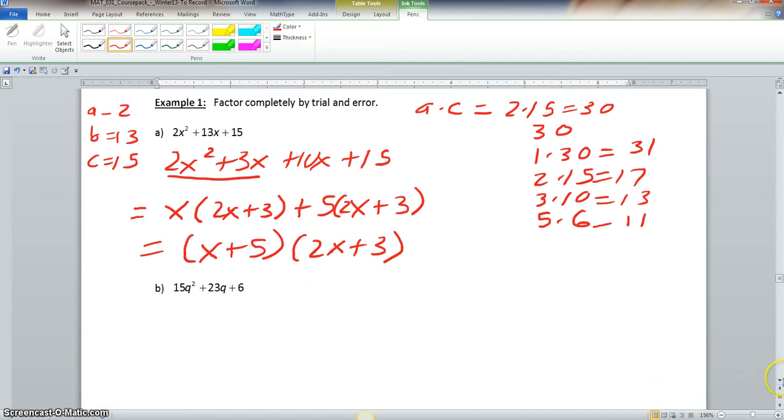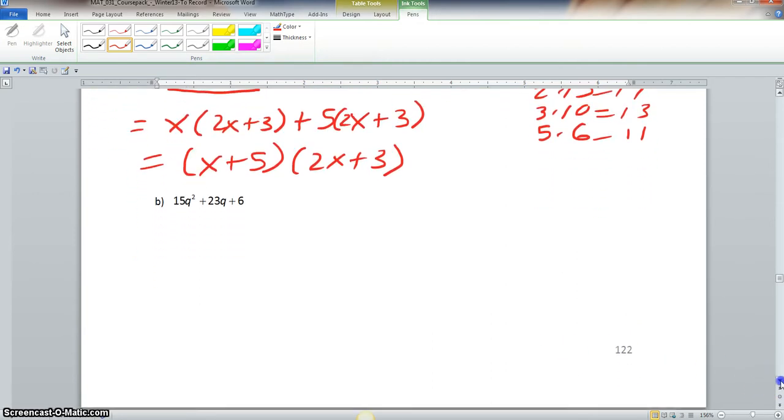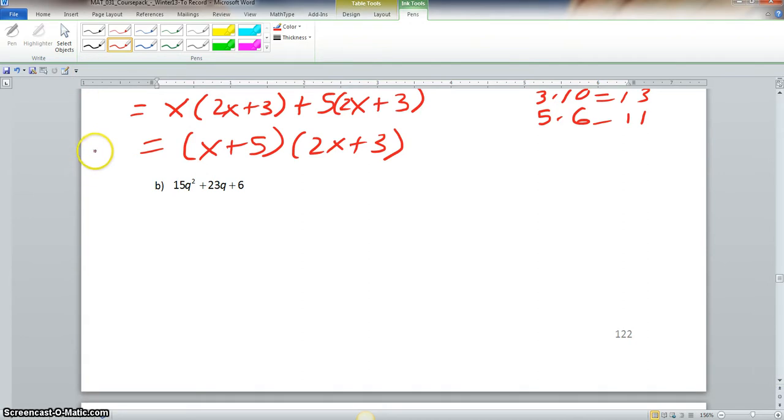Now we go down here to B. Same process. Okay, now our A is 15, our B is 23, and our C is 6. So we'll multiply A times C, which would be 15 times 6, which is 90.